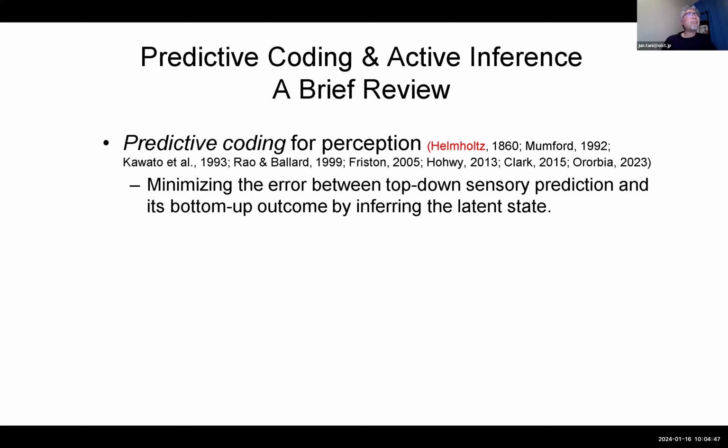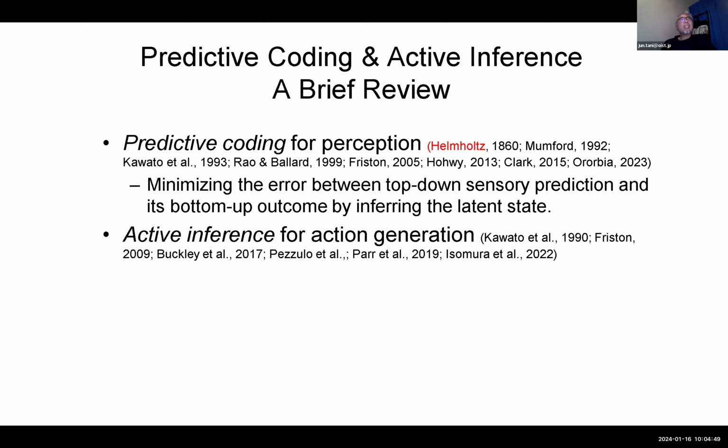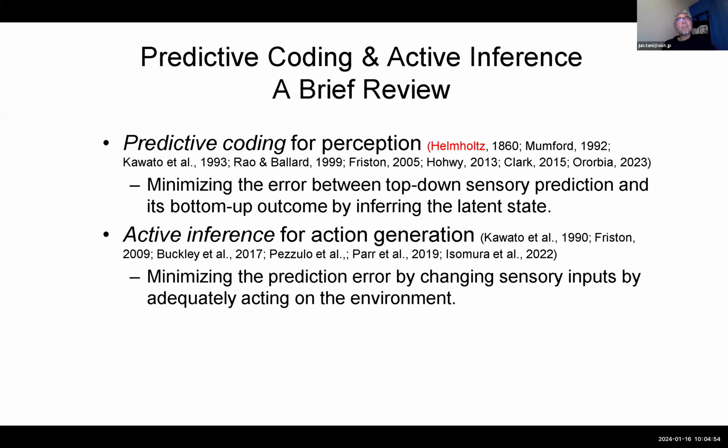That is the idea. And active inference is a theory of action generation. The idea is minimizing prediction error by changing sensory inputs, by adequately acting on the environment. So, of course, this is action-centered. Prediction error is minimized by inferring a good way to act.